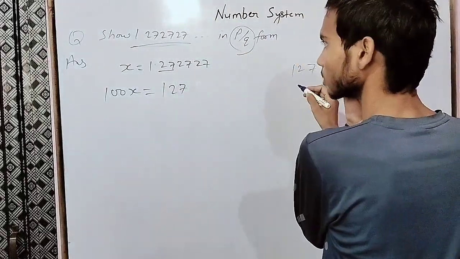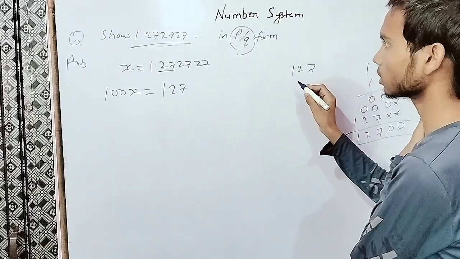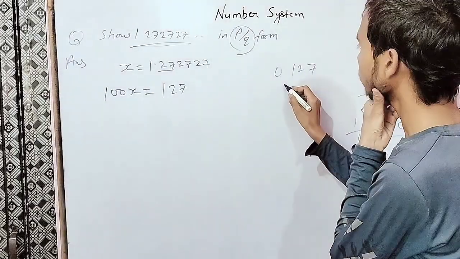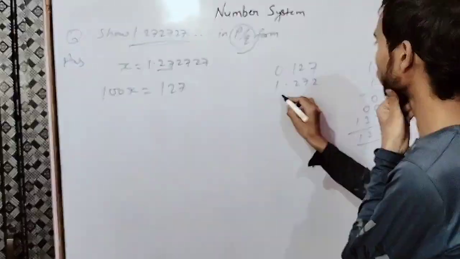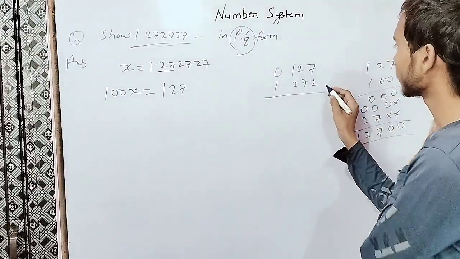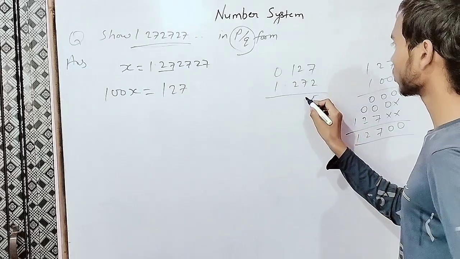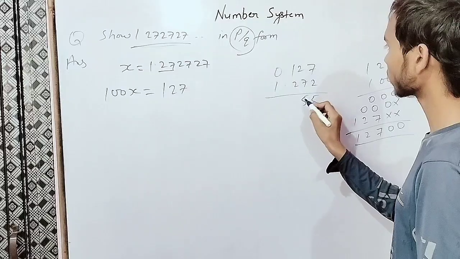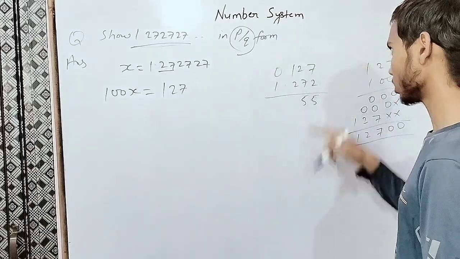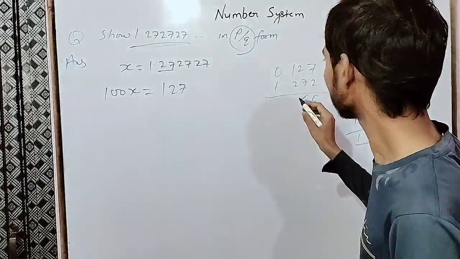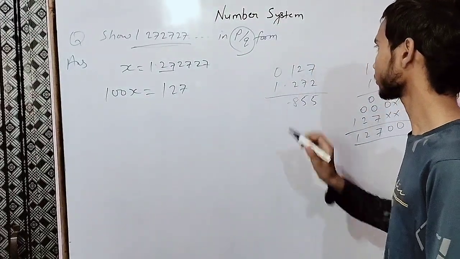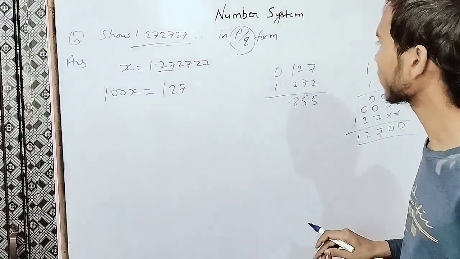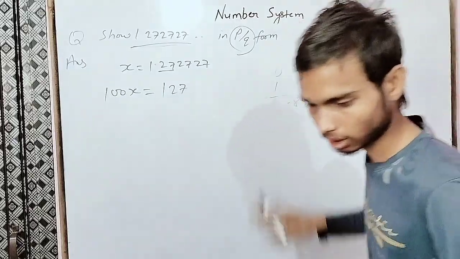Now 1 to 7 we are going to subtract. 1 2 7 minus 2. Okay. Here how much? 5. Again 5. 0. So here 0, it will put 8. But hold on, it is incorrect.